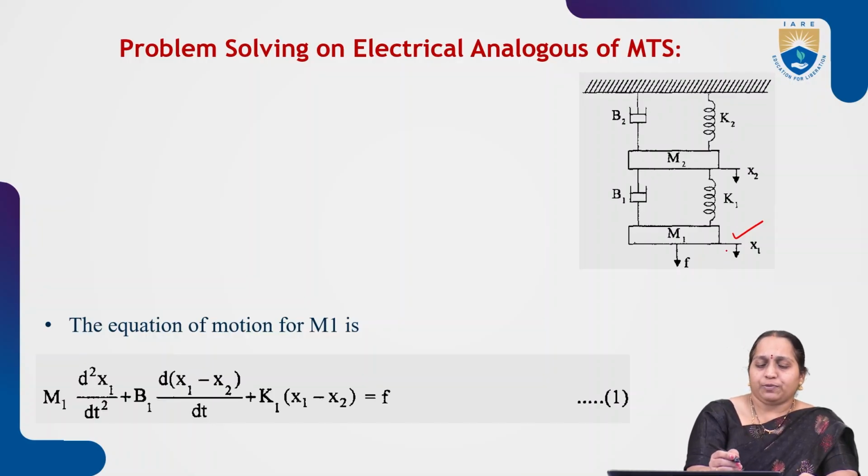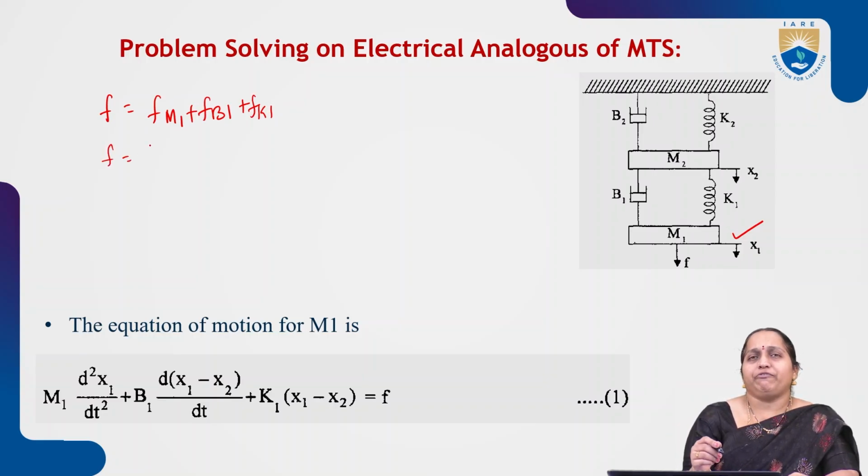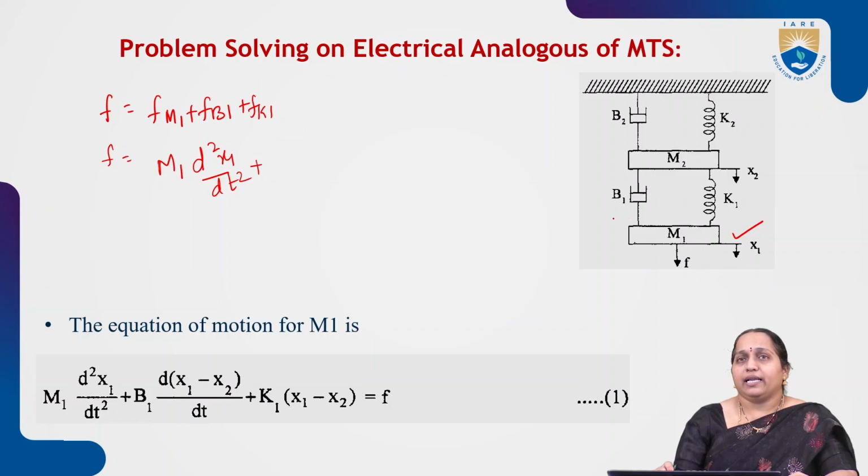As per Newton's law, we can write F equal to Fm1 plus Fb1 plus Fk1. Fm1 is the opposing force due to the mass element, written as mass into acceleration, that is m1 into d square x1 by dt square, plus the dashpot b1.